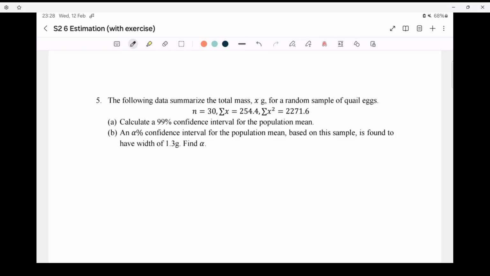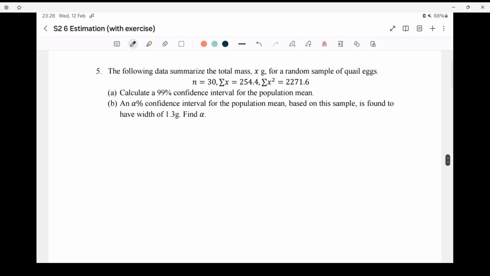So immediately for the first part, 5a, you can calculate your x bar. Your x bar would be 254.4 divided by 30. So that gives you 8.48.